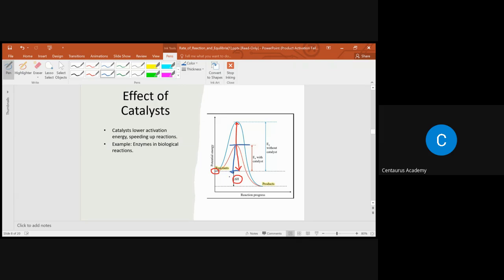In this reaction profile diagram, activation energy is from the reactants' energy to the top hump, the transition state. This blue line that I'm marking is the activation energy with the catalyst, which is way less than in the absence of a catalyst.